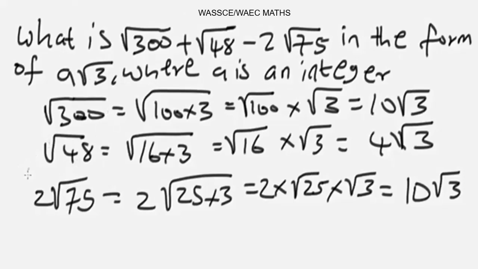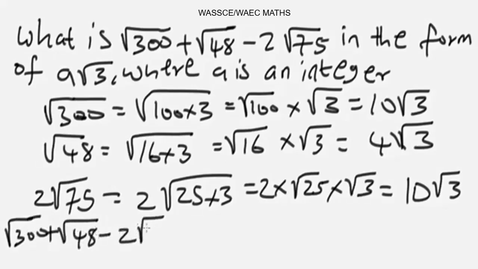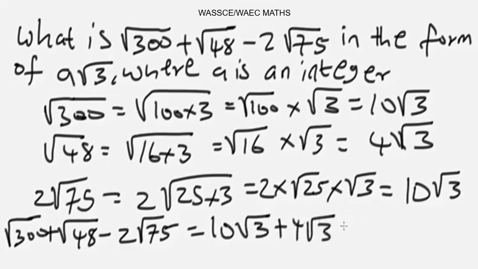So finally, we're going to write that square root of 300 plus square root of 48 minus 2 root 75 in the form of a root 3 is the same thing as 10 root 3 plus 4 root 3. Okay, we have minus 10 root 3.